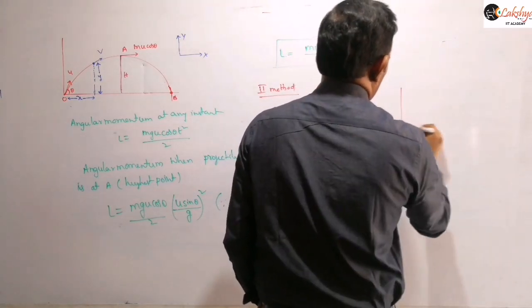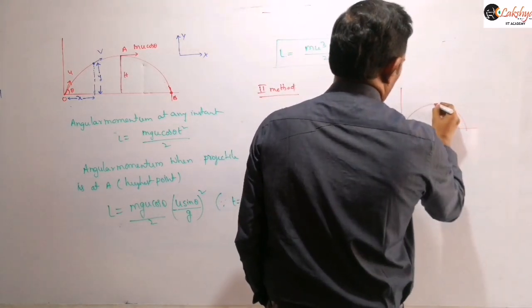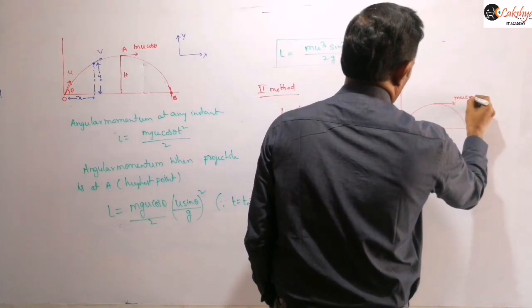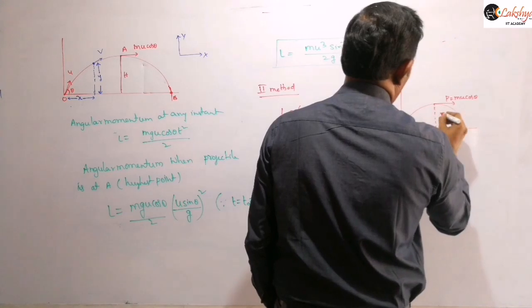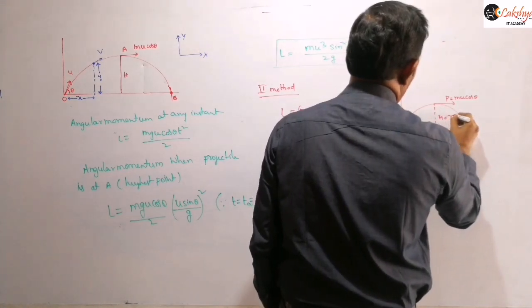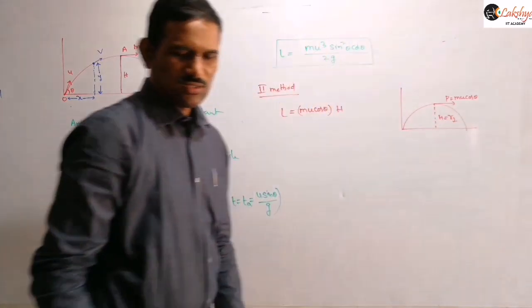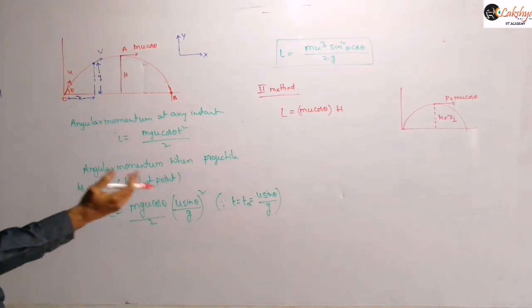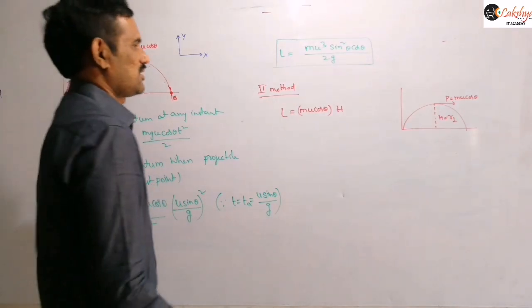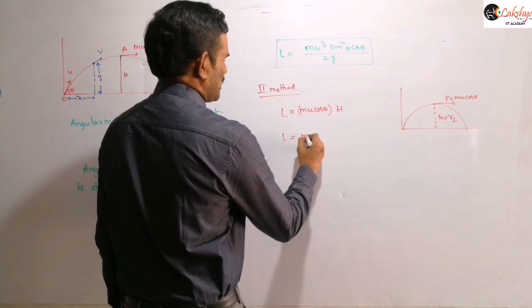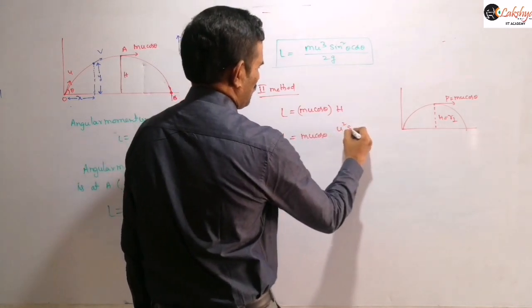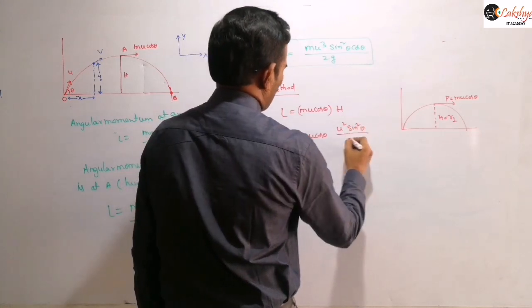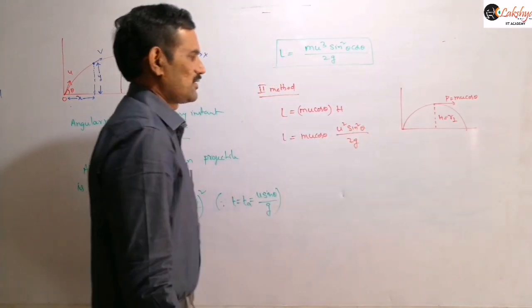So for this, what we are taking is mu cos theta along this direction, which is nothing but our momentum. This is the perpendicular distance here, which is nothing but our r perpendicular. So mu cos theta into r perpendicular we are writing here. This perpendicular distance is nothing but the maximum height, u square sin square theta by 2g, right?